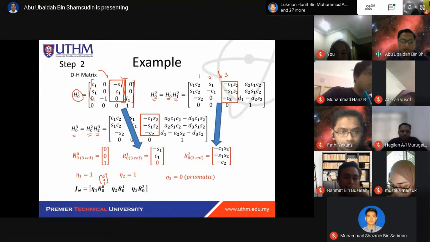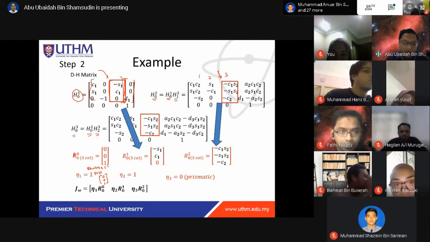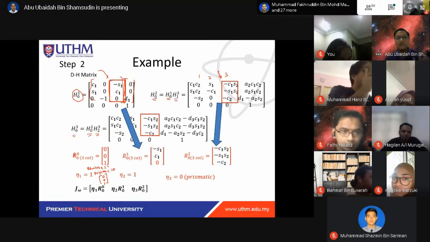How about the sigma? Sigma depends on our robot motor. If our motor is rotational, the sigma will become 1. If the motor is prismatic, it will become 0. Okay, ada dua je.